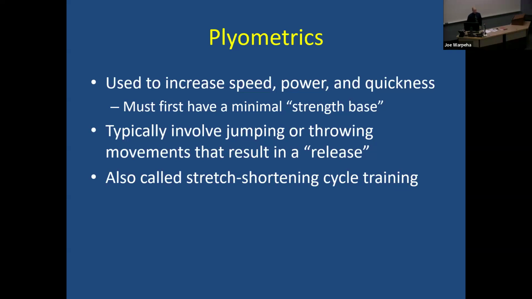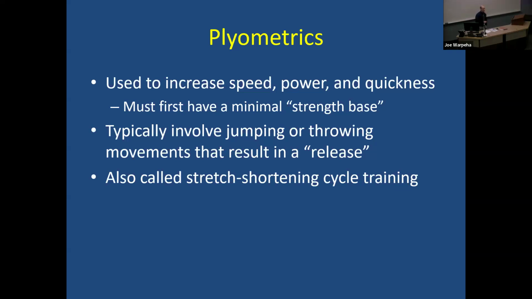When we talk about plyometrics, typically it involves jumping movements. Like if you've done plyometric exercise before for sport, and many of you have, it probably involves some kind of a jump, jumping on and off things primarily, maybe bounding side to side, back and forth, but it involved jumping, which involved an explosive, powerful acceleration and a release at the end. That's important. There was a release.